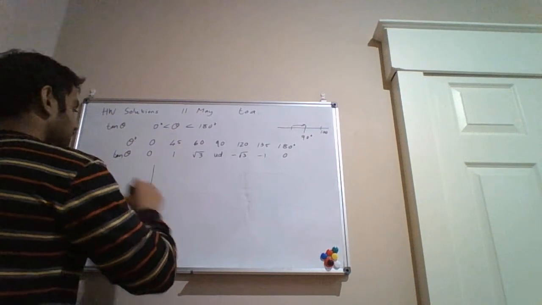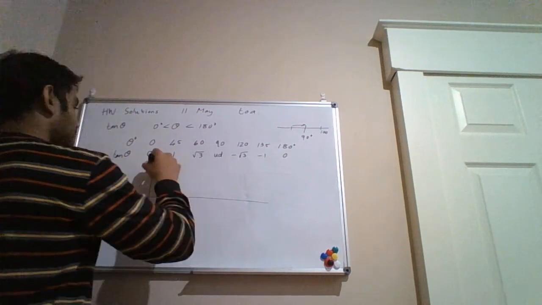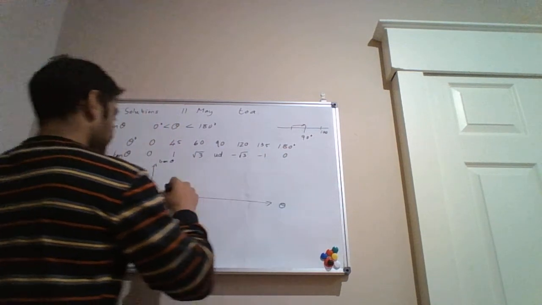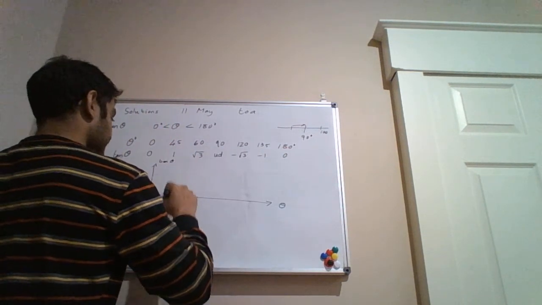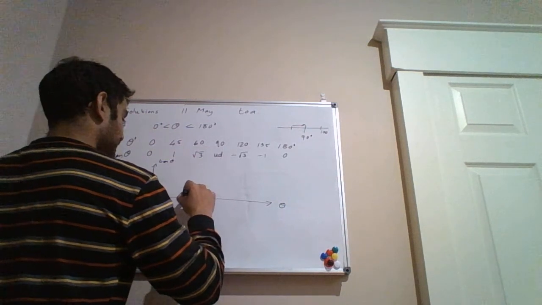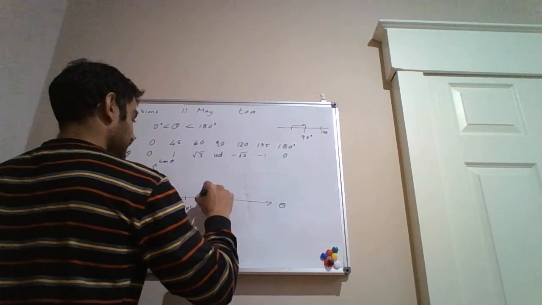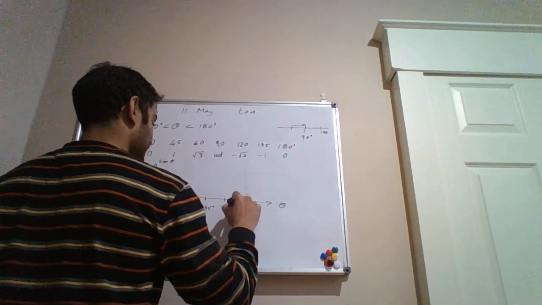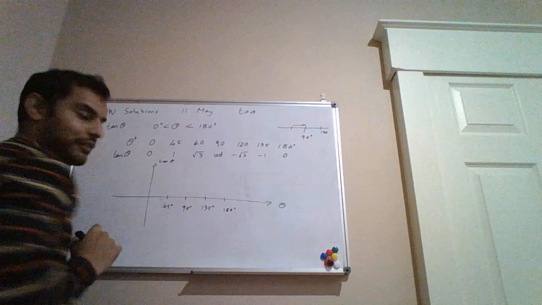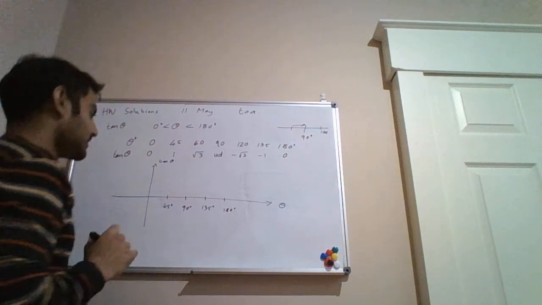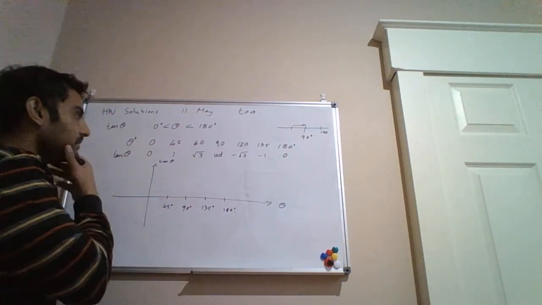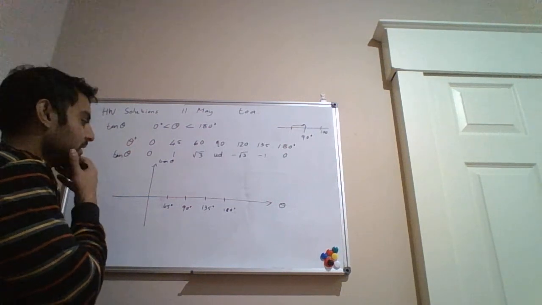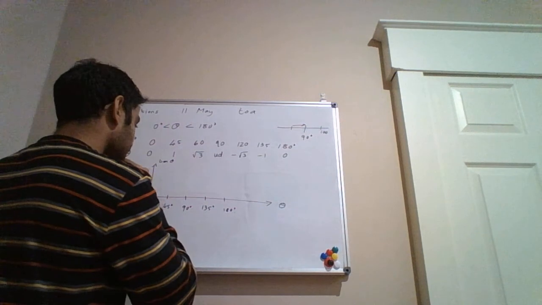So let's plot this. Tan theta, 45, 90, 135, 180. In between 45 and 90 is going to be 60, I think. No, it should be closer to 45.